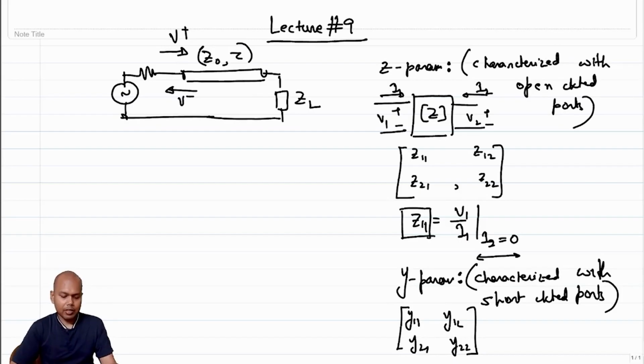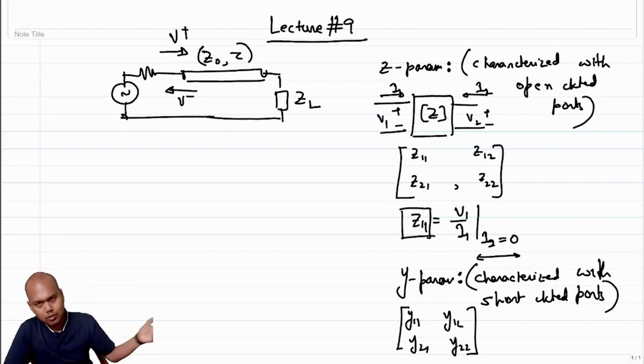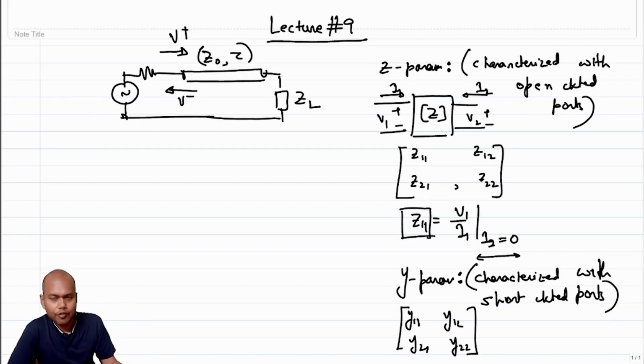Just like Z parameters, when you open circuit one port and find out the voltage, and you apply a voltage and find out the current. In Y parameters, what do you do? You short circuit one port, then you apply a voltage and find out the current, or you can apply current and find out the voltage, but the ratio is that of admittance, right?